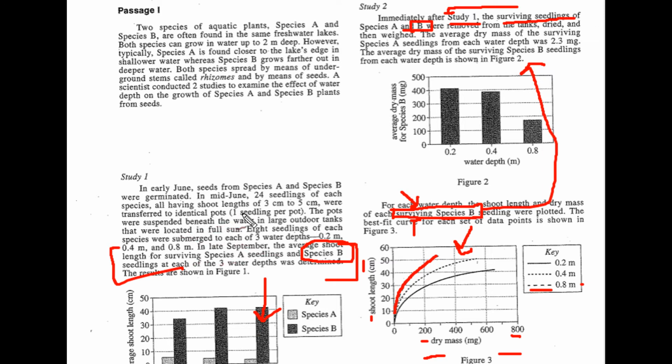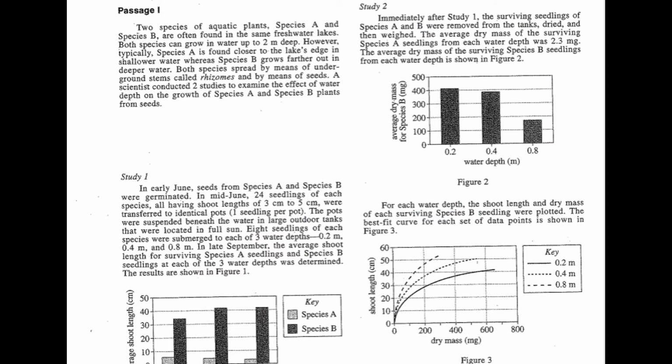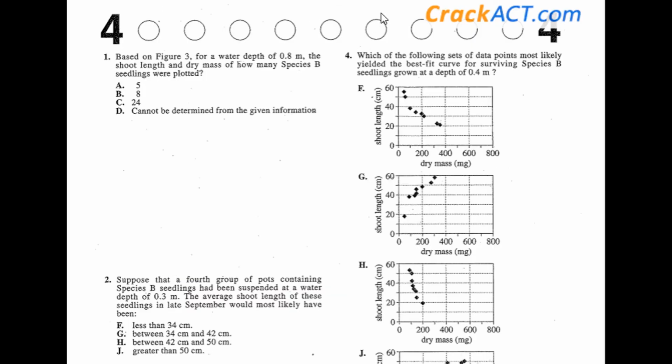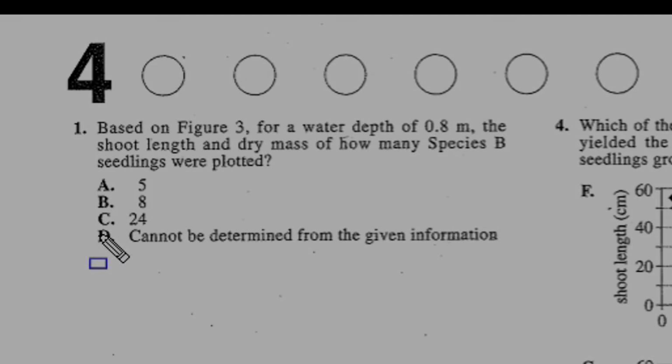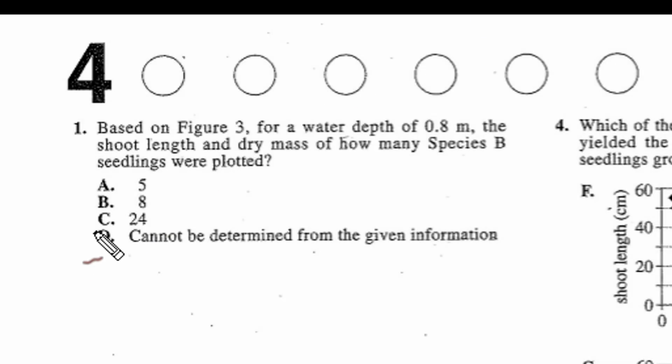See that back up here, kids? In 3 water depths, 8 seedlings per. Never tells us how many seedlings actually survived. The question cannot be answered, so the correct answer choice for problem number 1 is going to be answer choice D as in dog.